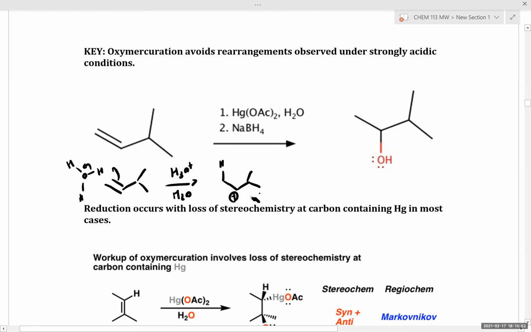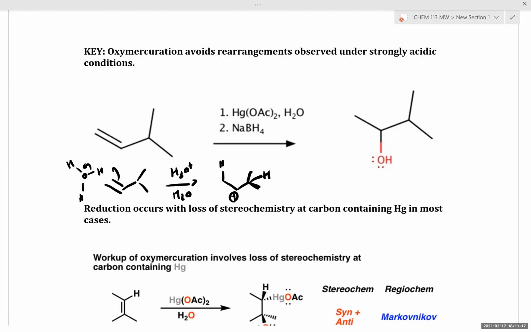However, unfortunately for us, carbocations have a major drawback, and acidic conditions have a major drawback. Looking at this structure, what is something that carbocations can do? What is a mechanism that we can draw that would result in another product? What's something unique about carbocations?